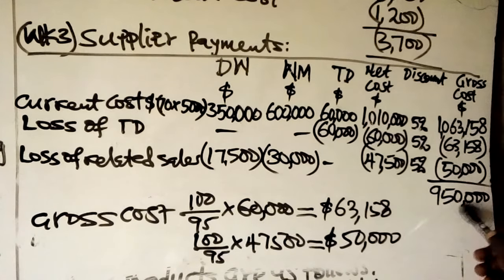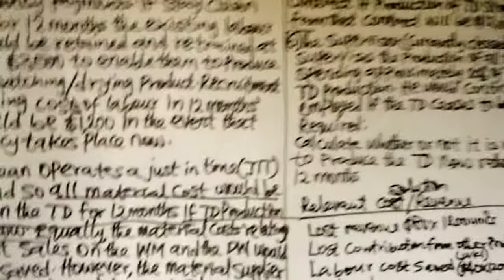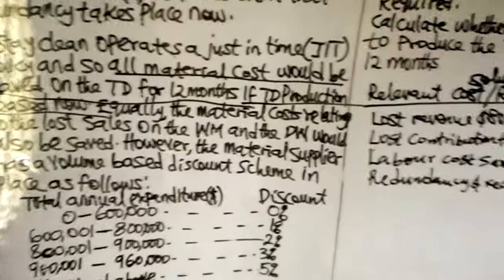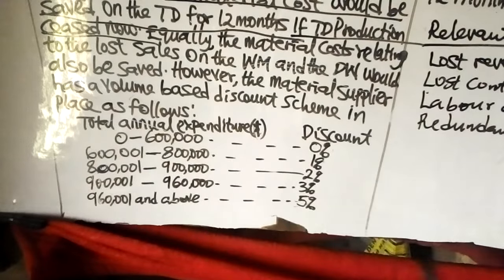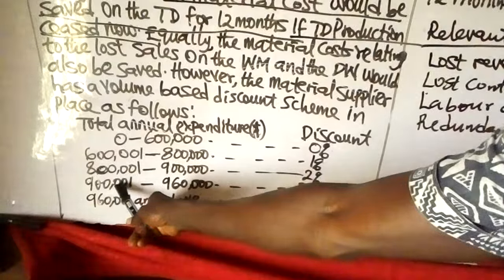Now, since it is volume based, you are going to enjoy a discount based on the volume you purchase. If you cease TD now and buy materials of 950,000, how much will be the discount you will enjoy? 950,000 is between 900,000 and 960,000.